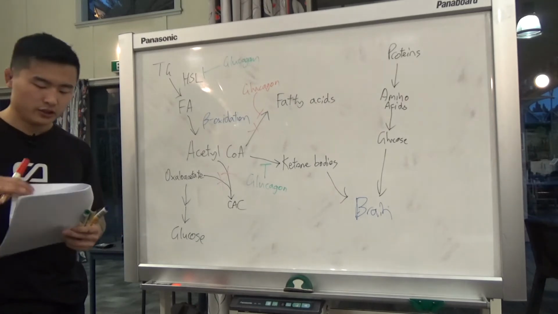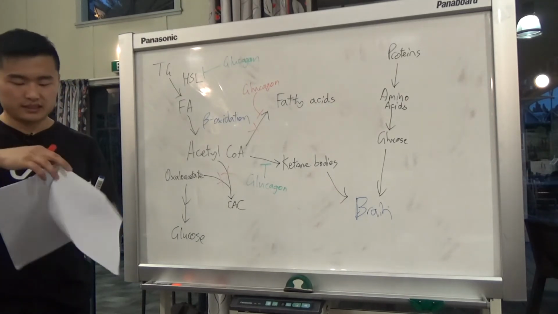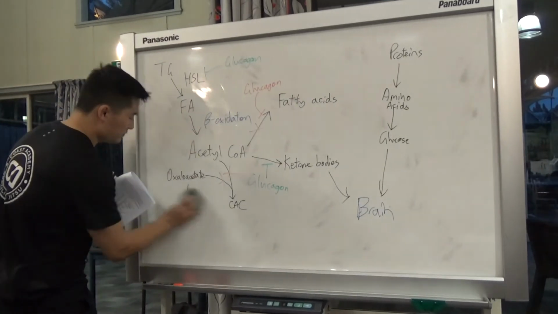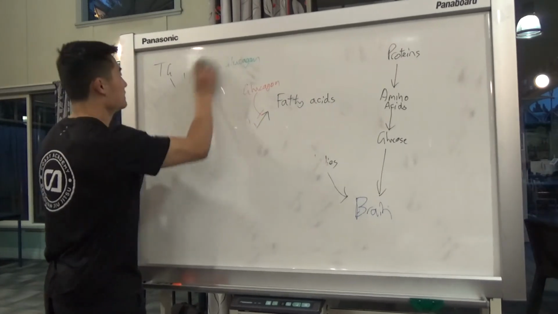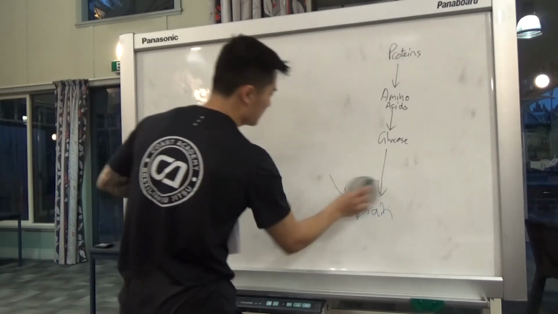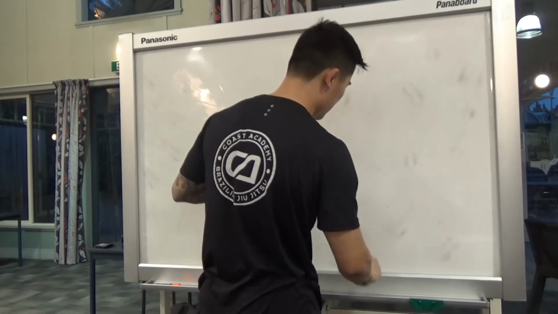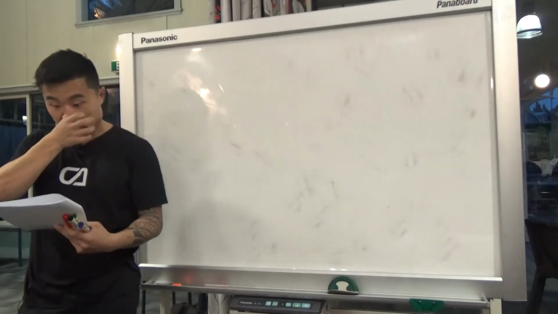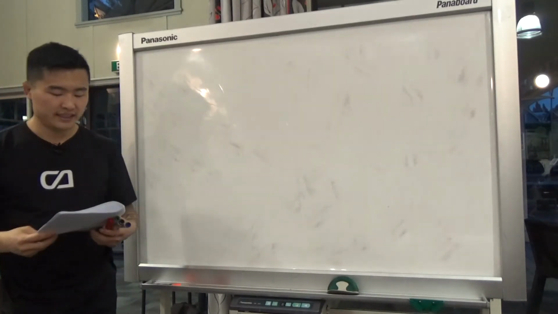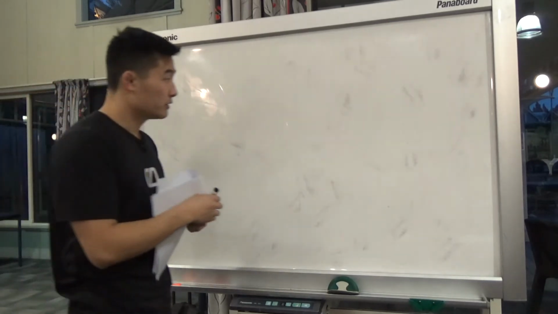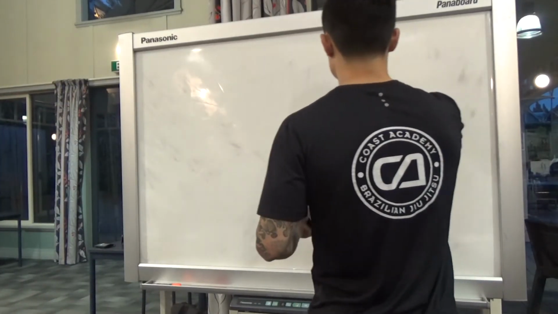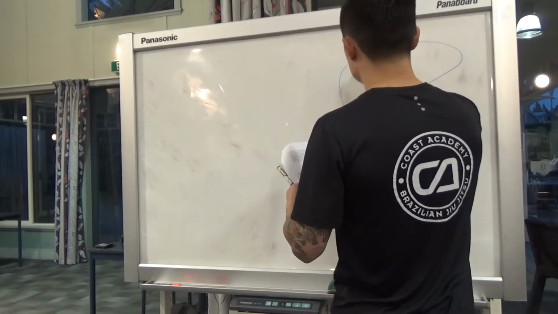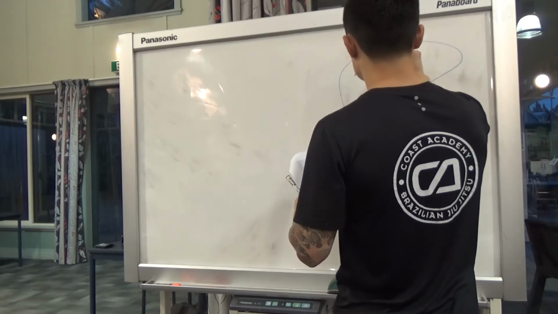Yeah, and then so one more page. So ketone bodies are created by putting two acetyl-CoA molecules together. So we're in the liver. Got an acetyl-CoA.